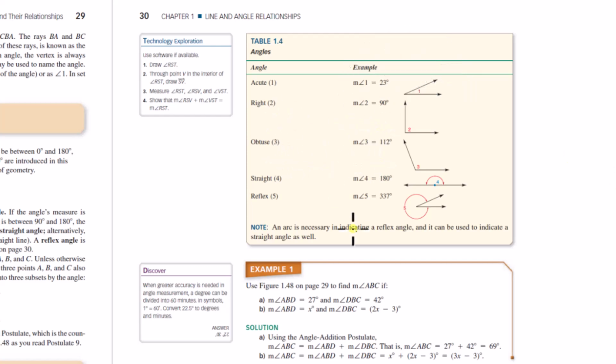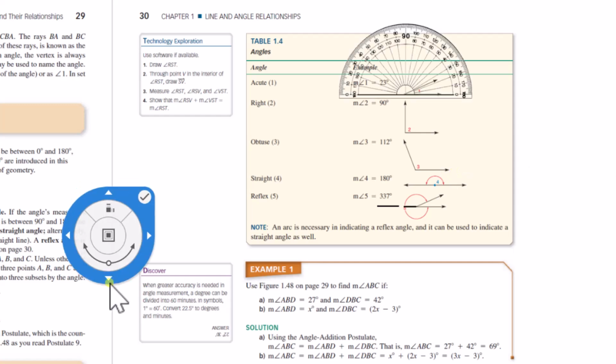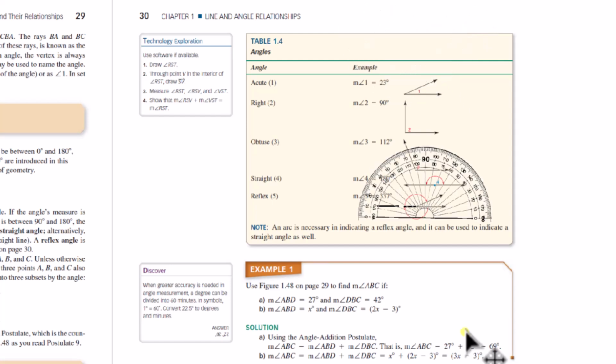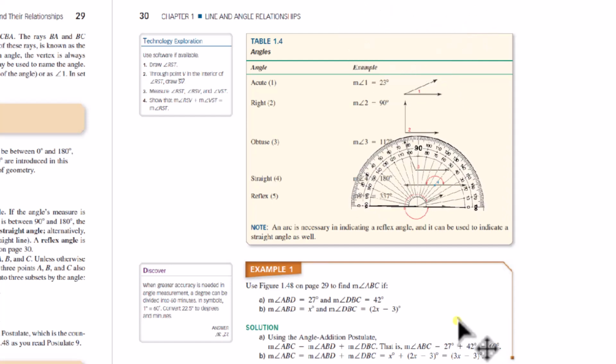Here's an obtuse angle, straight angle, reflex angle. And a reflex angle, we've talked about this before, but you could use a 360-degree protractor, or you could extend that line, make a straight angle, and then just do like this. So you get this obtuse angle and then add 180 to that.